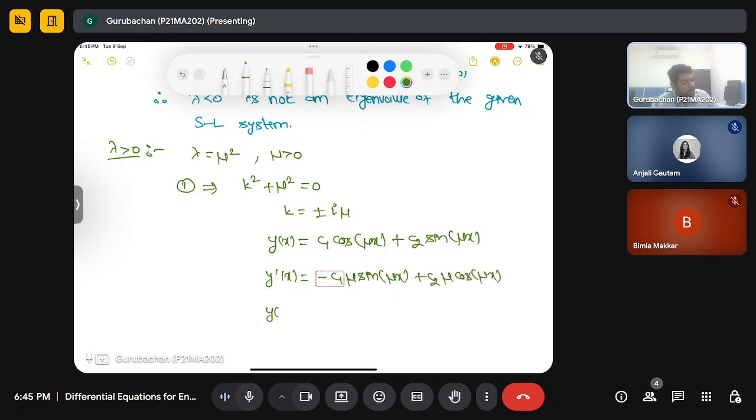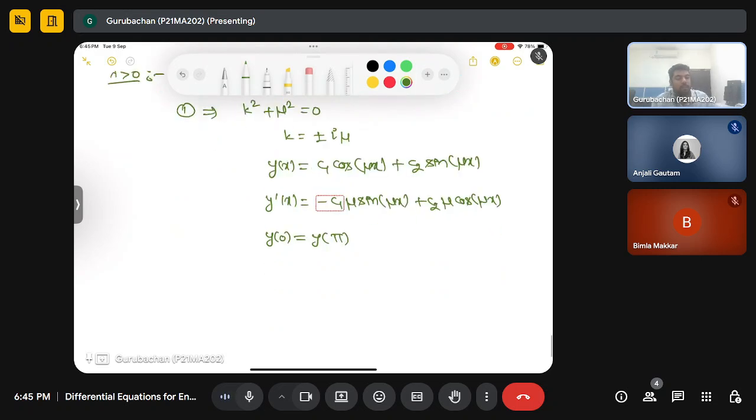So y0 is y pi. So this will give us c1, and since sin 0 is 0, is equal to c1 cos mu pi plus c2 sin mu pi.